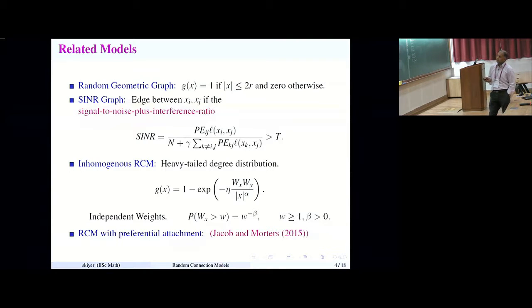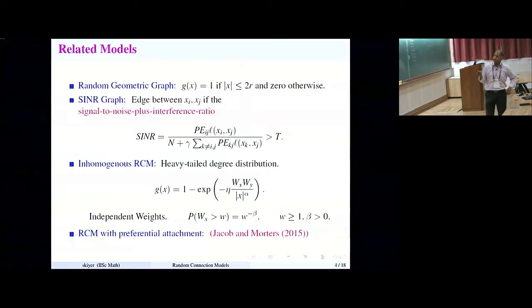This is the power of the signal received at x_j when the transmission happens at x_i. This is the noise, and this is the power received at j from all other nodes apart from i. So this is the signal, and this is the interference. There is an interference cancellation parameter and a noise, and you draw an edge if this ratio is larger than t. So you can see that there is a strong dependence between the existence of edges.